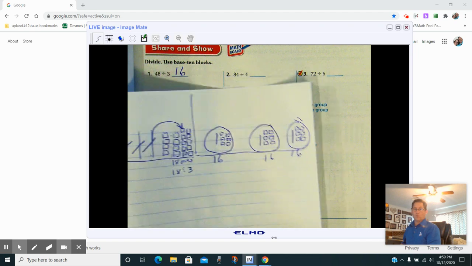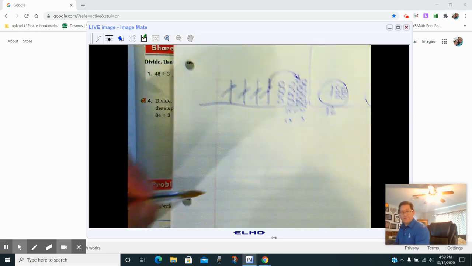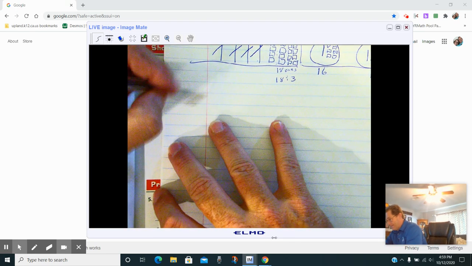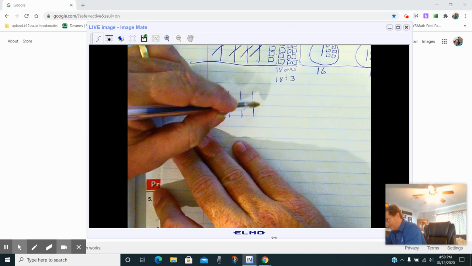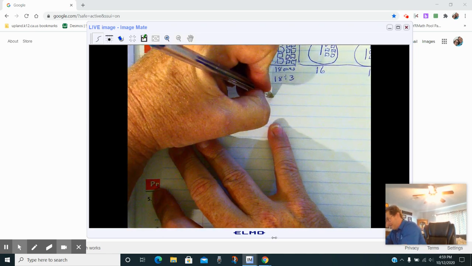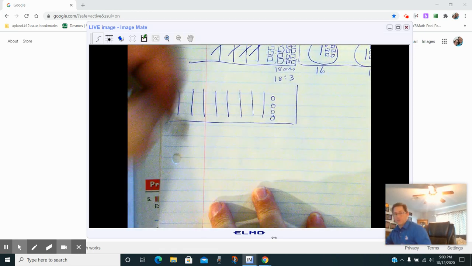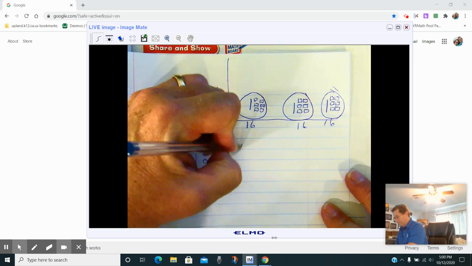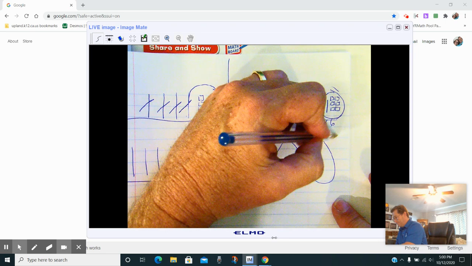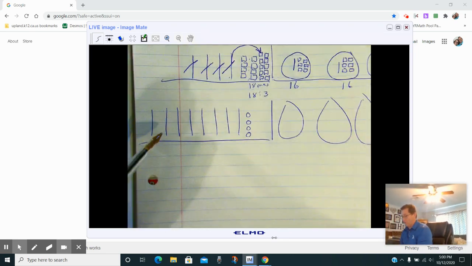It divided evenly. Okay, 84 divided by 4. So we're going to represent 84. 1, 2, 3, 4, 5, 6, 7, 8 10s, and 1, 2, 3, 4 1s. And we're going to divide those 84 into 4 groups. So 4 groups. I have 1, 2, 3, 4, 5, 6, 7, 8. 4 times 2 is 8.